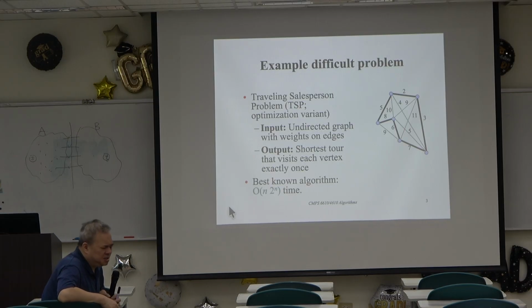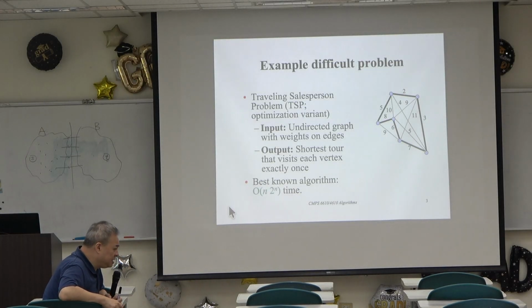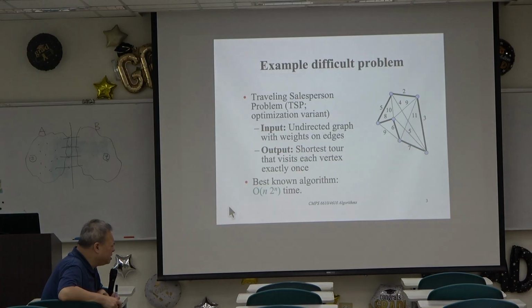Because you are a salesman. And what is your job? You have to visit every city. And to optimize it, we only want each city to be visited at most once. So that's what we call the traveling salesman problem.